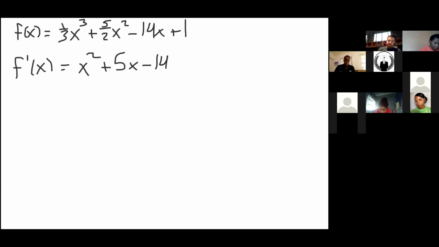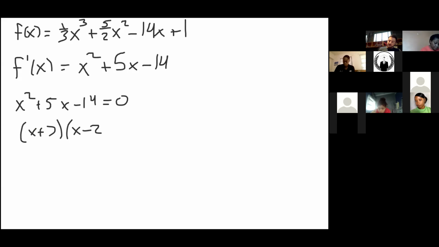And I set this equal to 0. This time it'll factor into x plus 7 and x minus 2, which means my critical points are when x is negative 7 and when x is positive 2. And so this function has slightly different critical points.